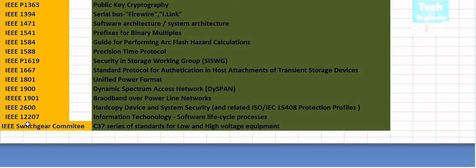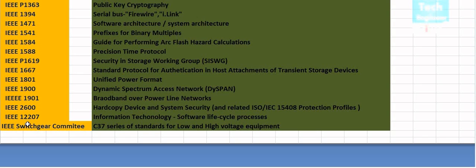IEEE 1801 is for unified power format. IEEE 1900 is for dynamic spectrum access networks. This is device PAN. IEEE 1901 is broadband over power line networks.